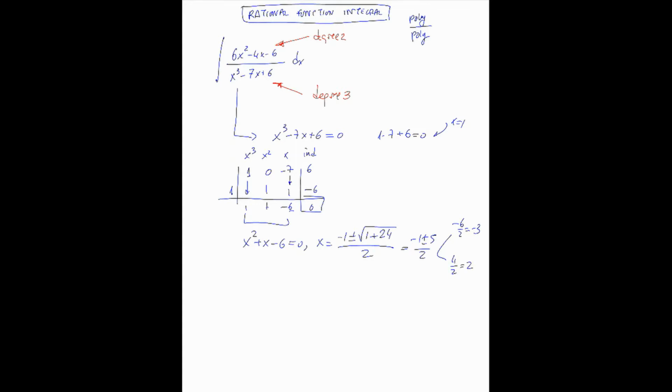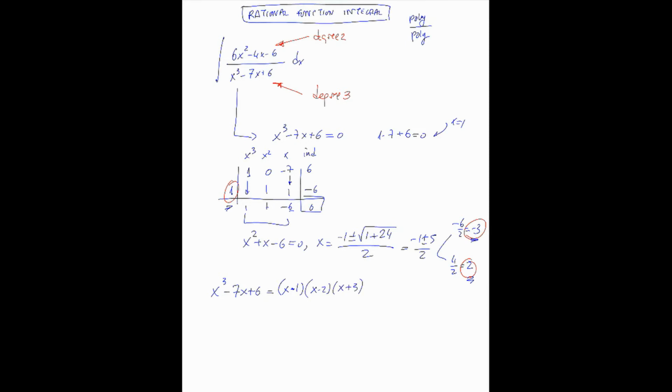So that means that the roots of this polynomial are 1, 2, and minus 3. So we can write the polynomial x cubed minus 7x plus 6 as the 1 here, x minus 1, the 2 here, x minus 2, and the minus 3 here, x plus 3.